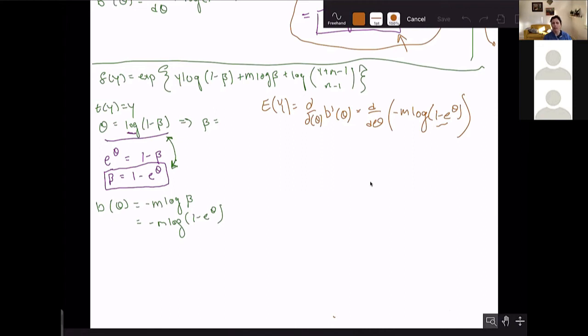Yeah, and so what I would do is, I always try to simplify it if I can, just because it makes things easier, but that doesn't mean that you have to. Once you have substituted in the parameter theta, you can go ahead and take the derivative. Okay.